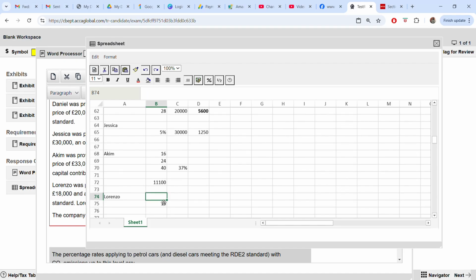And with this 13, we will be taking 16. Because it is a diesel not meeting RD2 standard, we will increase it by another 4%, which is 33%.